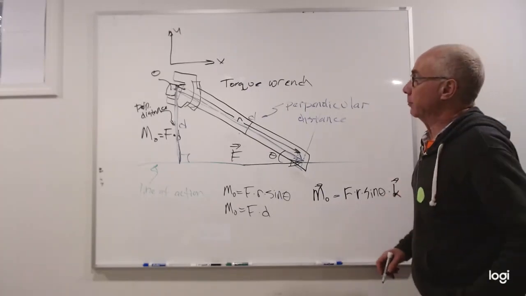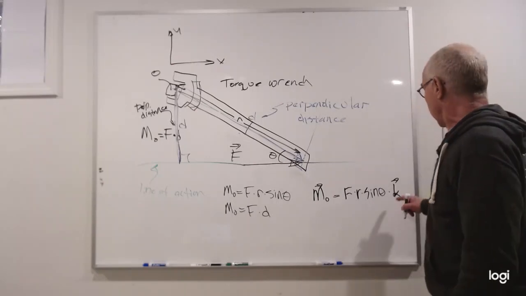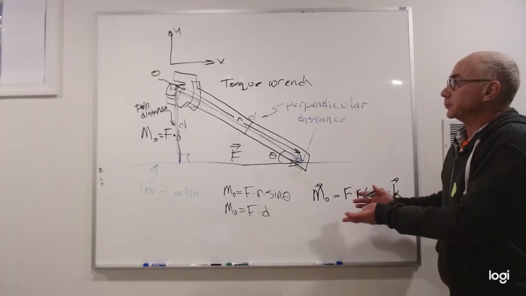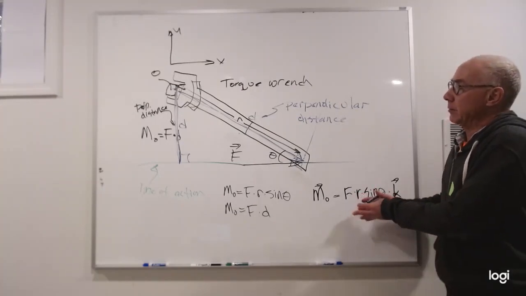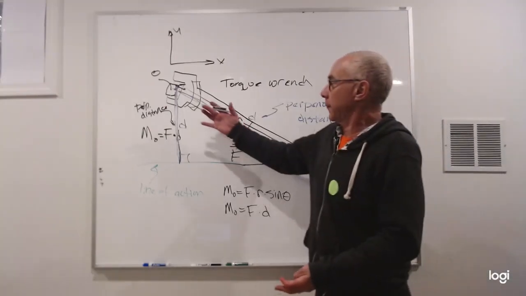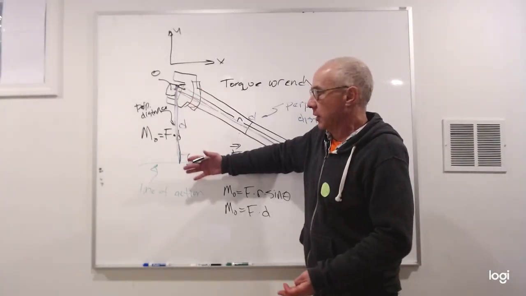Okay, so it's out of the board. The k basically defines that it's perpendicular to the plane that's formed by this shaft and the force.